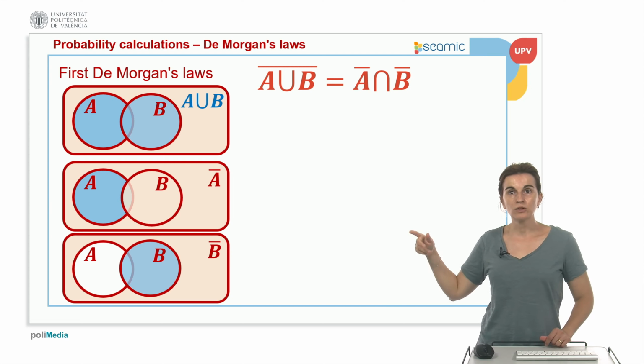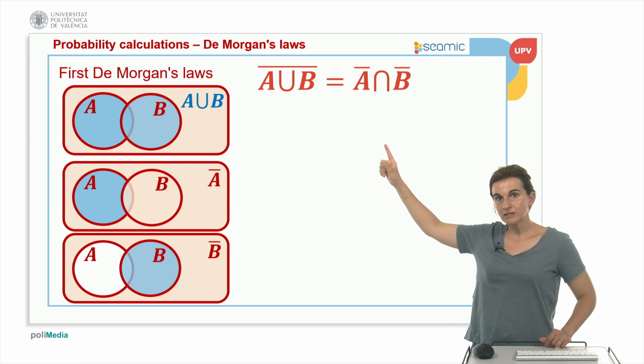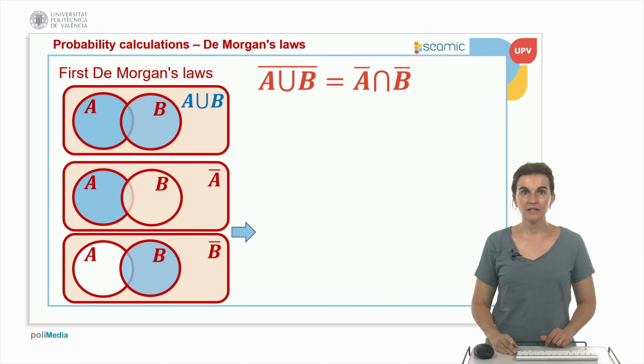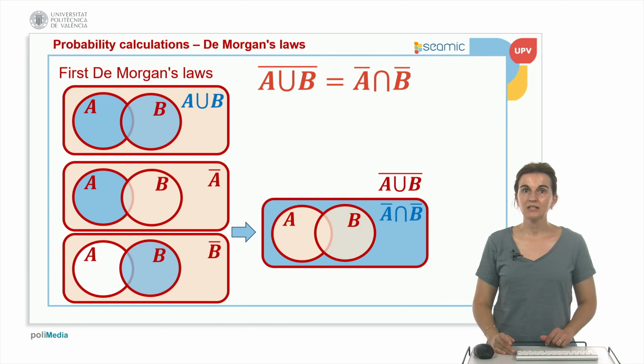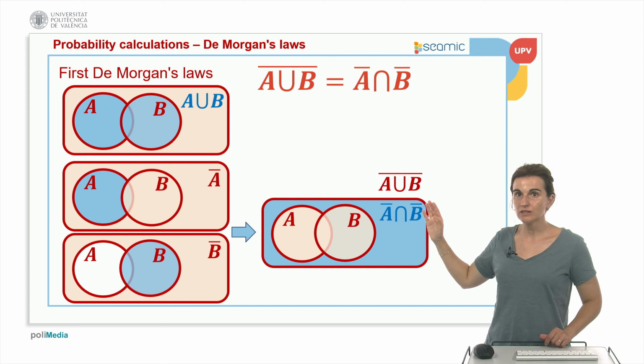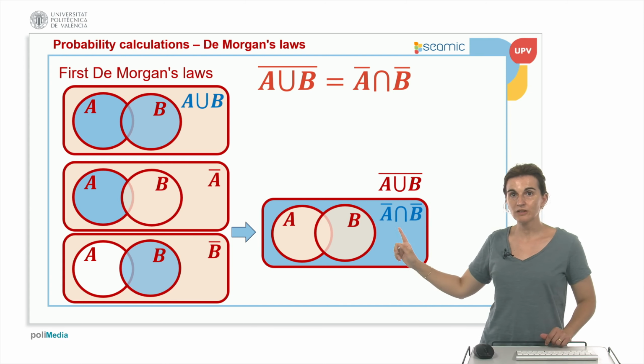Thus, if we want to obtain the complementary of A or B, then what we should consider is the area defined by the intersection of single events.